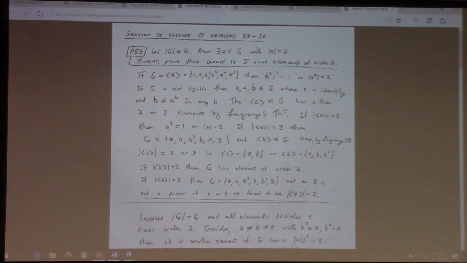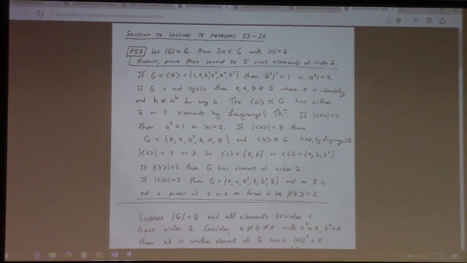I get to that eventually for a later part, but here my argument basically is if it's cyclic, right, then you have an element of order 2, right, a cubed. So that means there exists an element of order 2, or it's not cyclic, right?